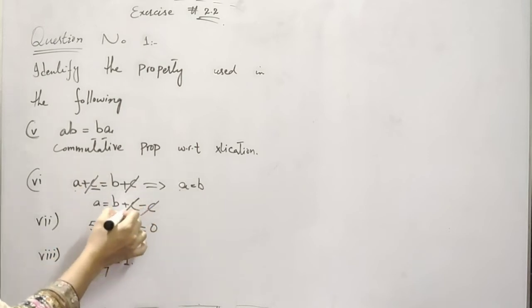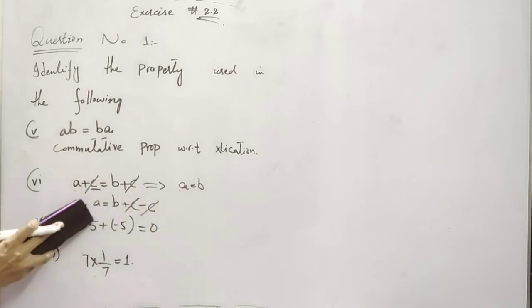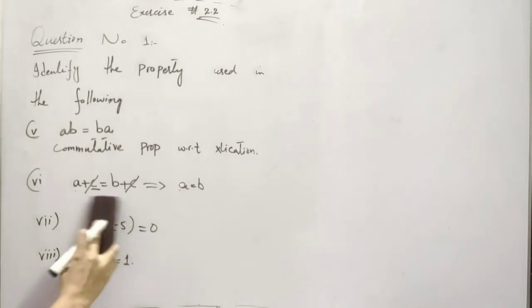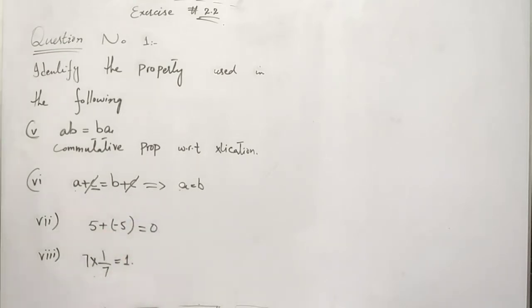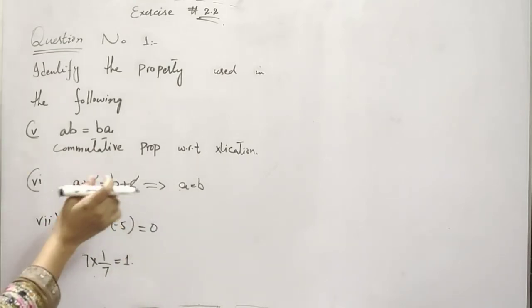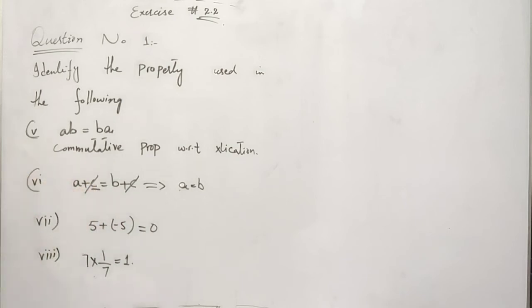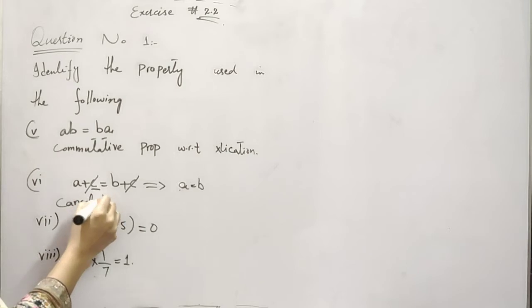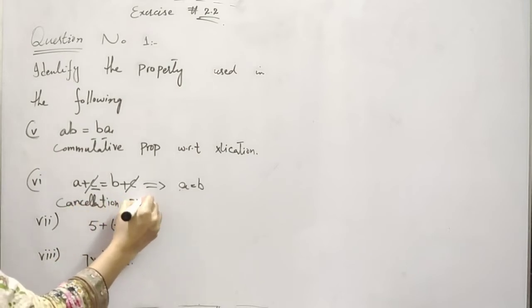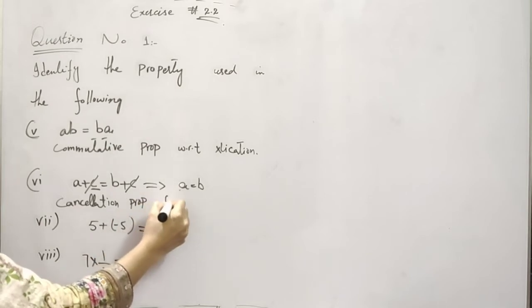Okay, so this cancels with this and A is equals to B. So we can say that this is the cancellation property for addition.